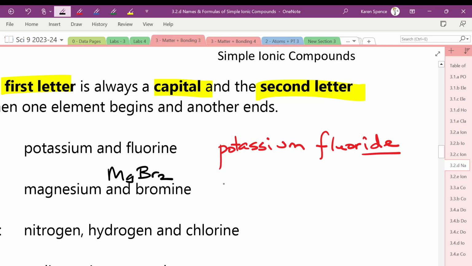MgBr2 is named magnesium bromide. Did I worry about the little number down here? Nope. In the name, you don't put any of those little numbers. No numbers in the name.